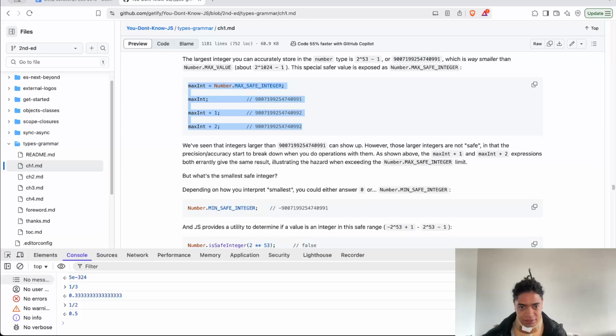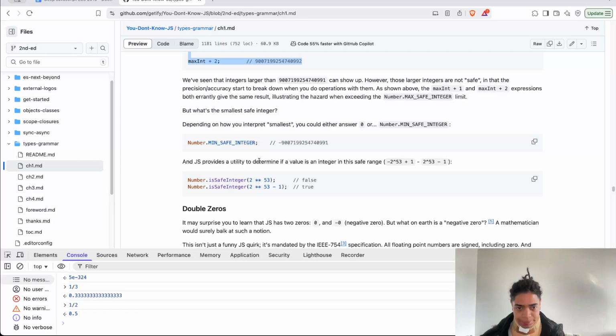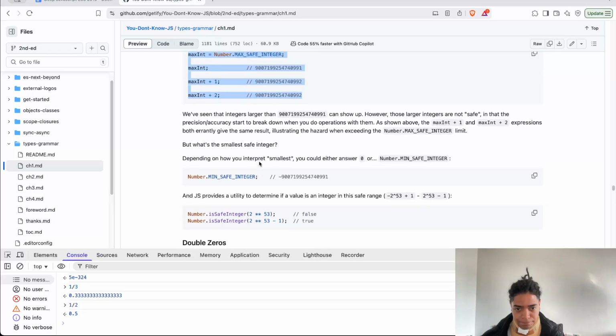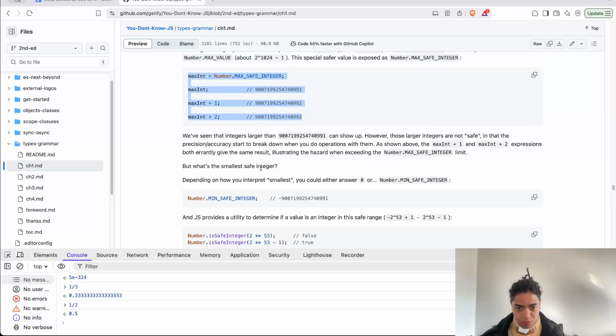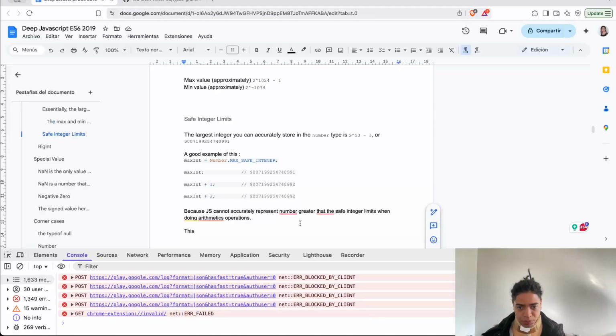This is the reason why we have seen integers larger than it can show up. However, those larger integers are not safe; the precision and accuracy start to break down when you do operations.